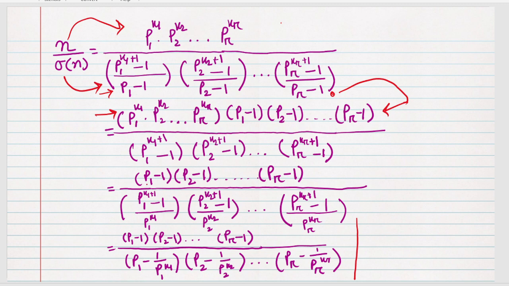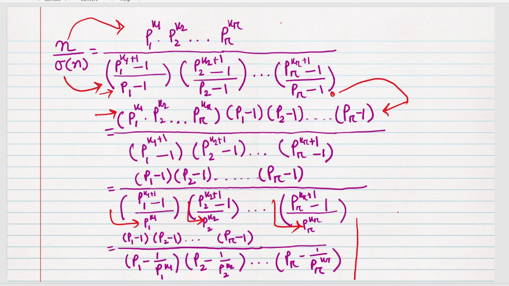Then we are taking p1 raised to the prime factorization. Intentionally we write it as (p1^(k1+1) minus 1) by p1. Similarly this divides by p2 and this divides by pr^kr. Then we can write it in the form (p1 minus 1) by p1^k1 p2 and so on. Intentionally we wrote it in this form.